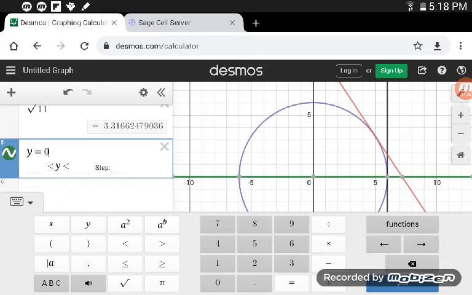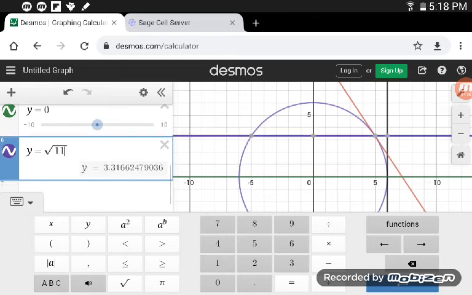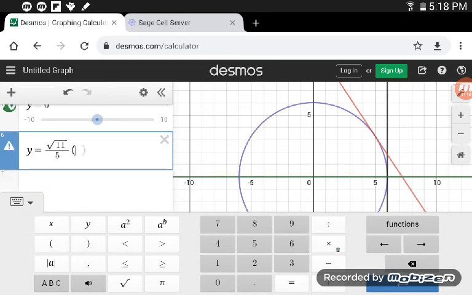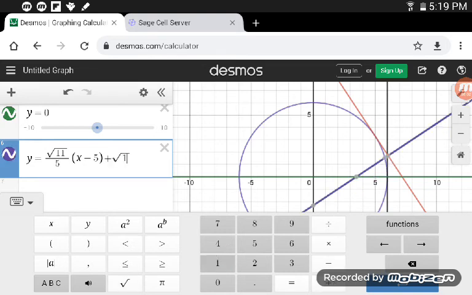And then similarly, I do a y equals, and this one was the square root of 11 divided by 5, and then we again had our x minus 5, and plus the square root of 11.